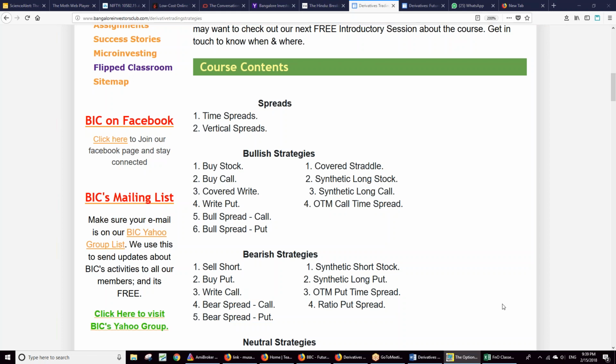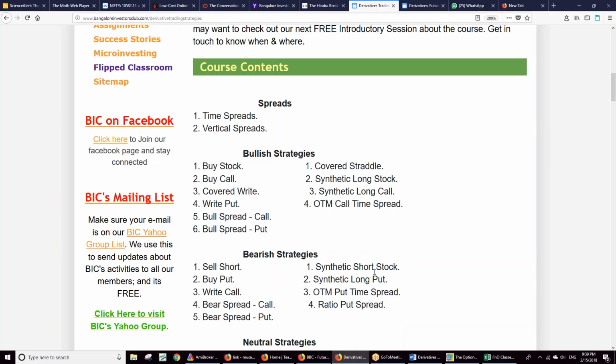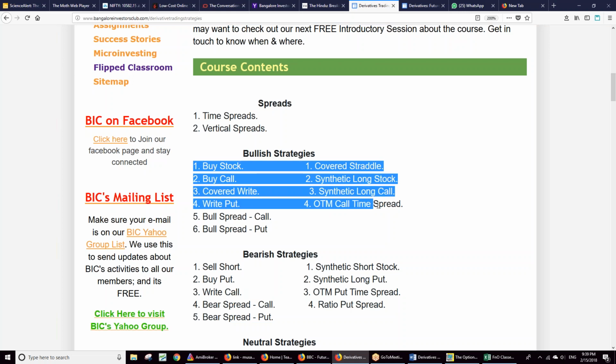How bullish are you? So coming back to this, the specific view, how far do you expect that stock or the underlying to go to, and by when, right? And depending on that, you're going to use one of these bullish strategies, right?